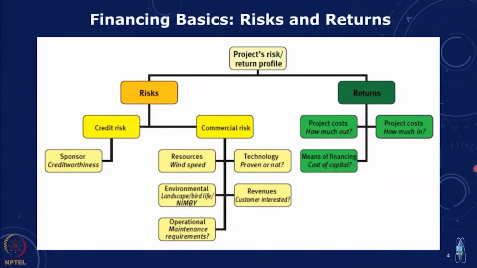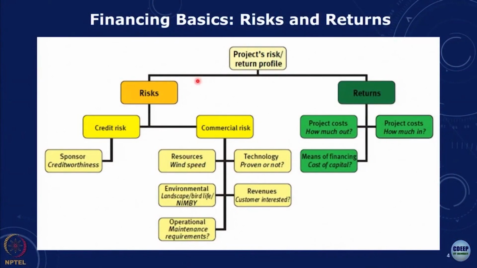So in each of these projects, there will be a profile of risks and returns. That means there are some uncertainties or risks involved, especially if we are talking about new technologies. And then based on the risks, based on making the investment, you will get returns based on the benefits that you get from the project.